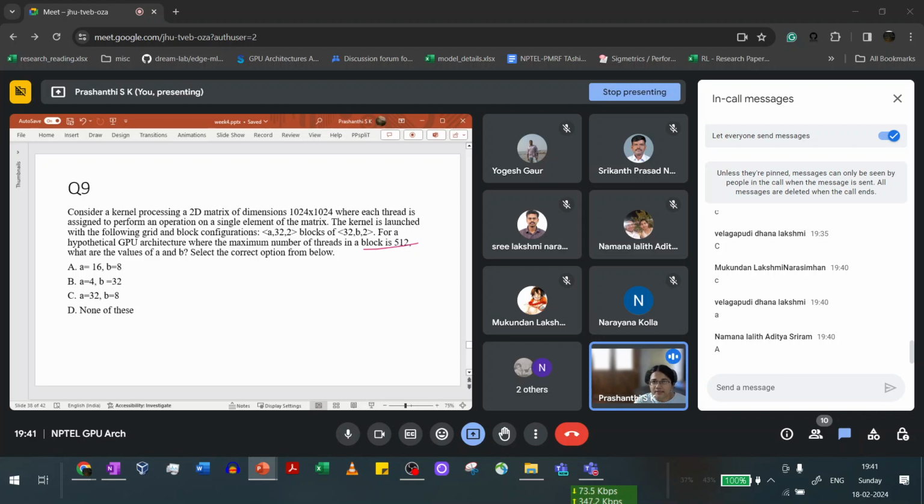Make sure that all constraints are met. We have one more answer saying A. We'll give you another minute.